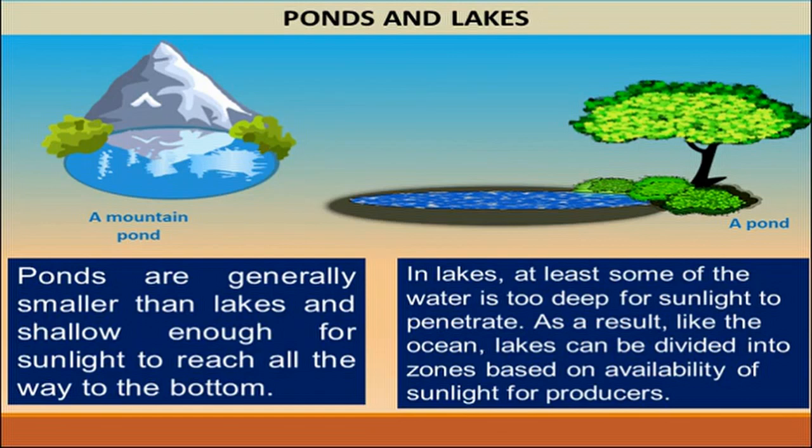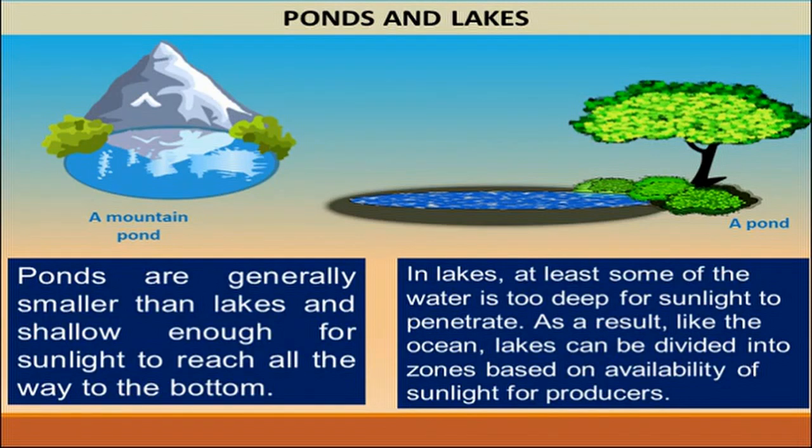So it is overall a photic zone. If you remember the last class, it is overall a photic zone, means the light can penetrate to the bottom of the aquatic body. But in lakes, at least some of the water is too deep for sunlight to penetrate. So they have some aphotic zone.